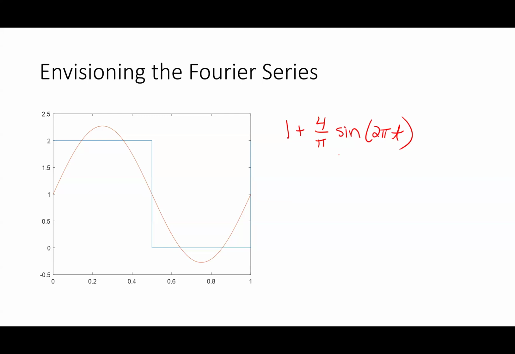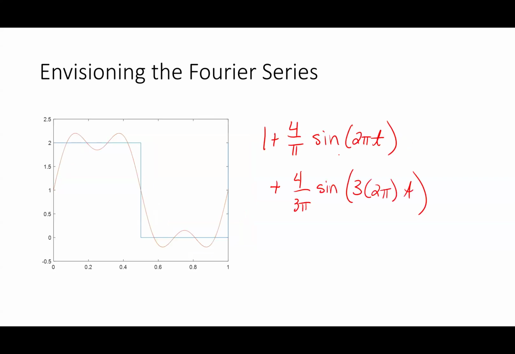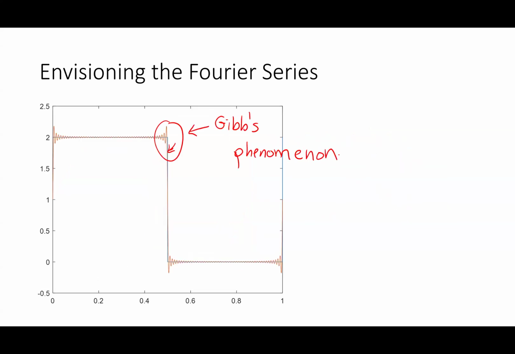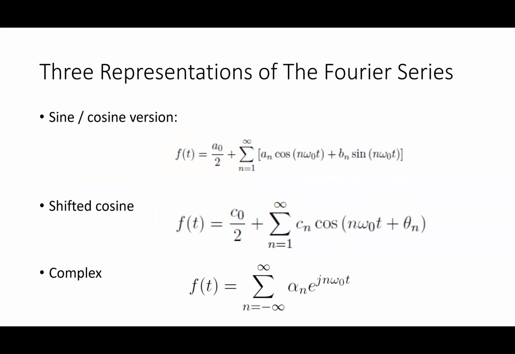If I added in the DC, it got closer. If I added in the third harmonic, it got closer. If I added in the fifth harmonic, it got closer. If I went all the way to 99, it got even closer still. Right. So I was applying the right amount of each of those terms to get this guy to look closer to what it should.